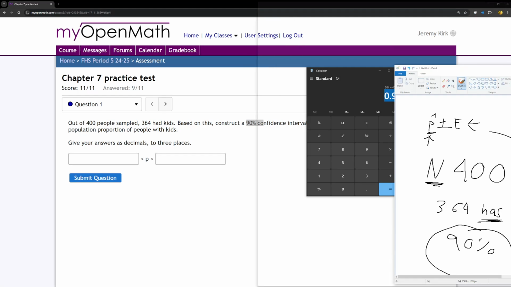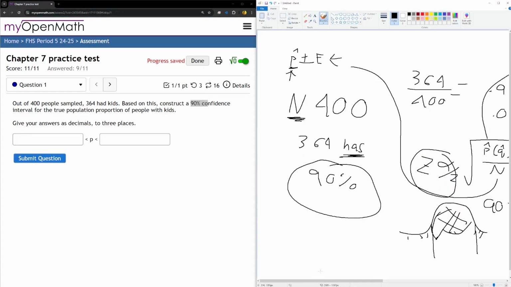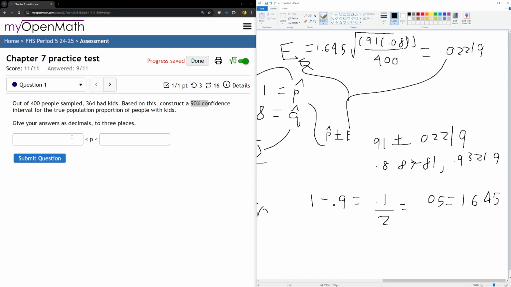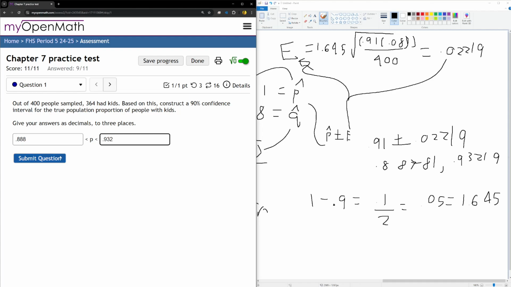Let's see if I'm correct. It wants 3 decimals, so 0.888. And this one is 0.932. Amazing.